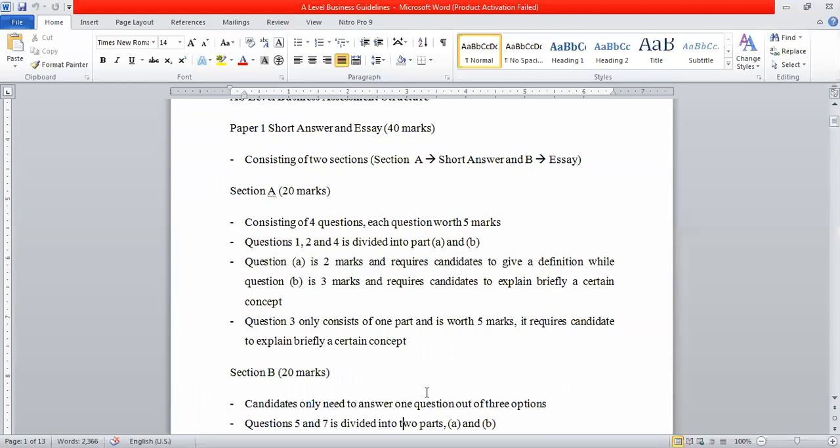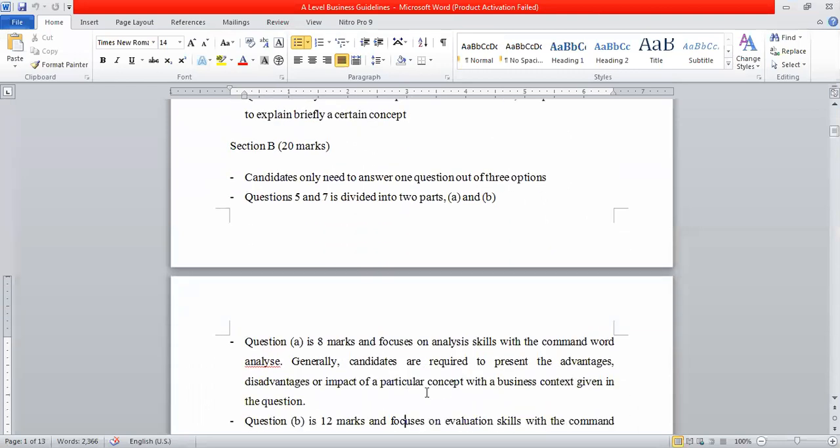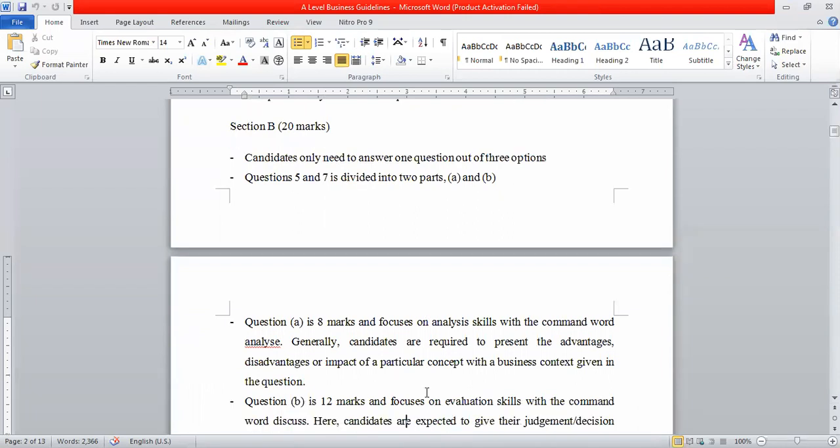We go back to the other file. Now we look at section B. It's also 20 marks. Candidates only need to answer one question out of, not three, let me change it to 2 options, because 3 options is the old syllabus.